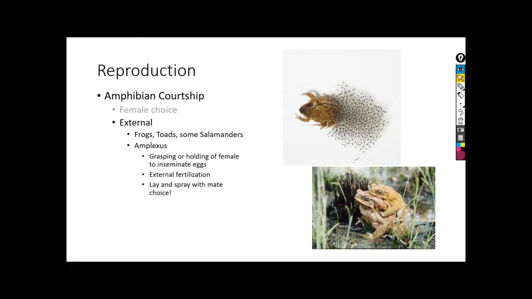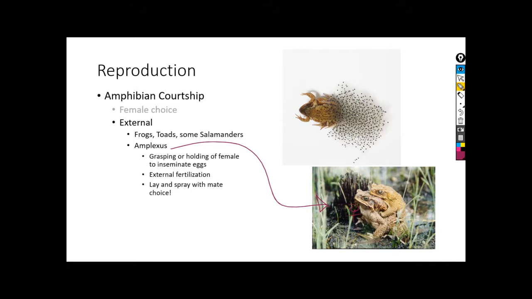Okay, so the way we get one-on-one pairings is a process called amplexus. So this is the image you see down on the bottom right here. This is still external fertilization, even though this looks a little internal fertilization-y. So we have the female on the bottom.